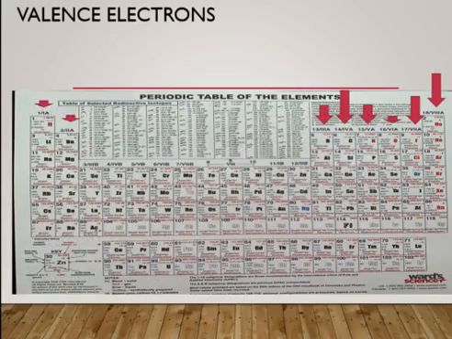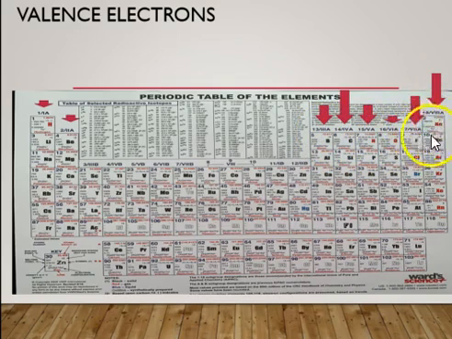Okay, so this is our periodic table, and the number that I'm referring to that tells you the valence electrons is the number that is right after the regular numeric value. It's the Roman number. So this one says Roman number 1, that has Roman number 2, that has Roman number 3, 4, 5, 6, 7, and 8.